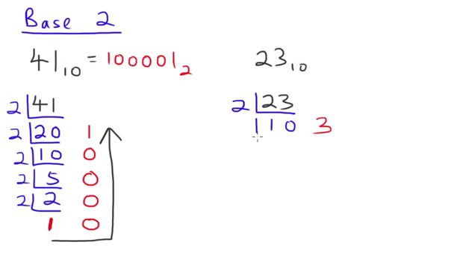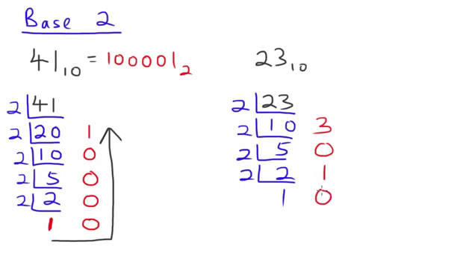So carry on, divide by 2, we have 5. Do we have a remainder? Yes, 0. Carry on, divide by 2, and we have 2. Is there a remainder? Yup, which is 1. And divide by 2, because we still can divide by 2, so carry on. And then we have 1. The remainder is 0.